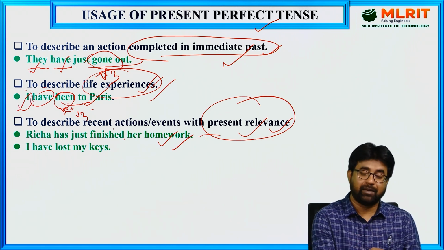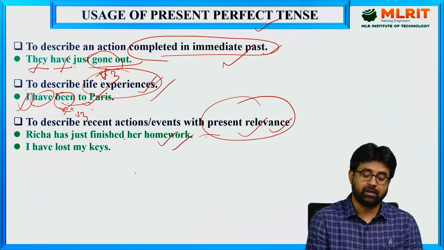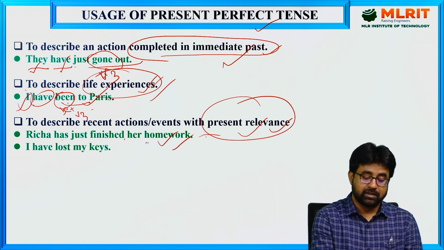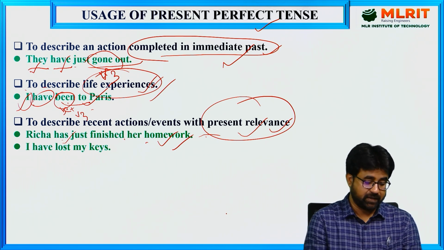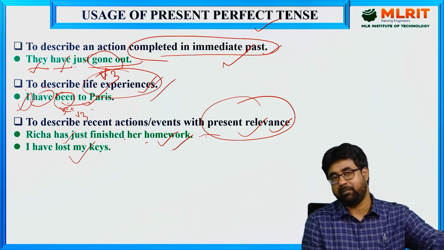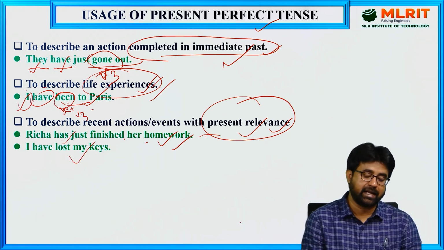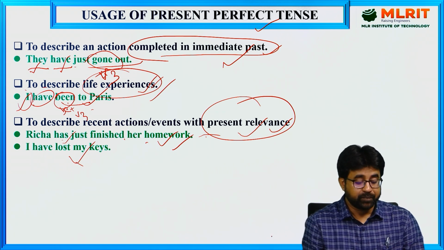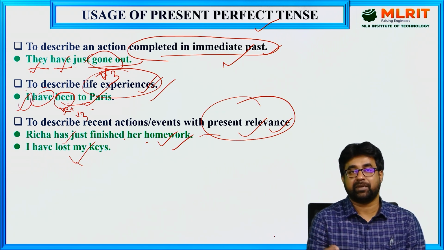So if I'm talking about a past action or immediate action which got over in the immediate past, we can use present perfect tense. I have lost my keys. It might have happened long back, let's say 3 days, 4 days back. I have lost my keys, which unfortunately I do frequently, right? But it always has a present relevance.